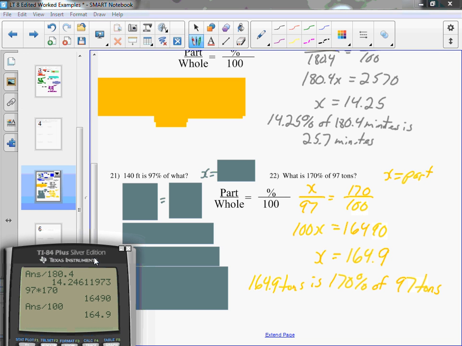That'd be fine. Well, actually, since the directions say nearest tenth, leave it as 164.9. Questions? All right, work 21 real quick.